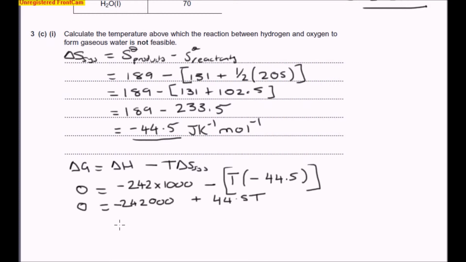Okay, so if I now rearrange the formula, I can say that 44.5 T equals 242,000. So I've basically taken the T to the other side and multiplied everything by minus 1.